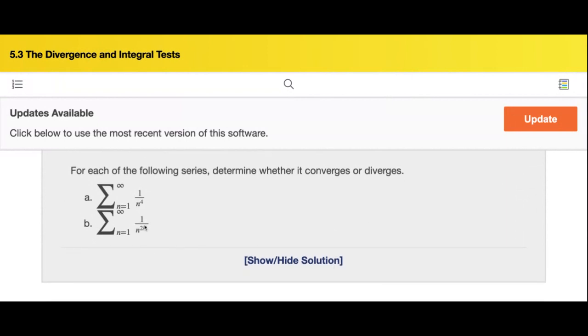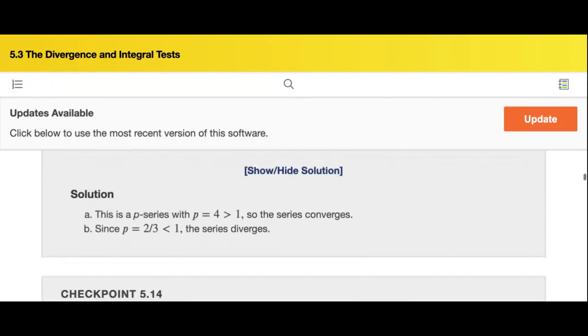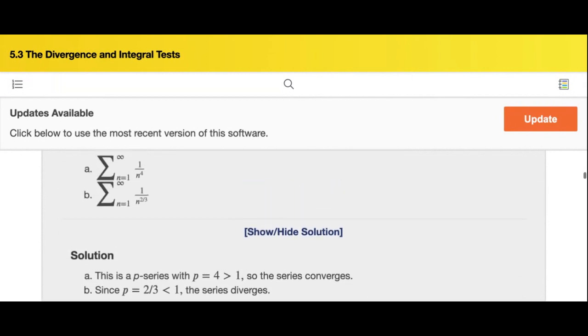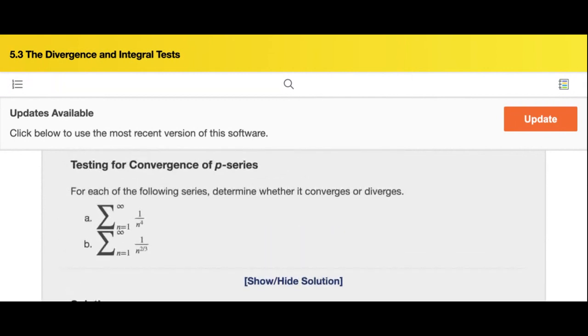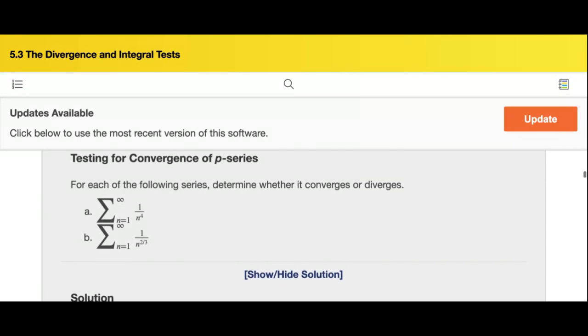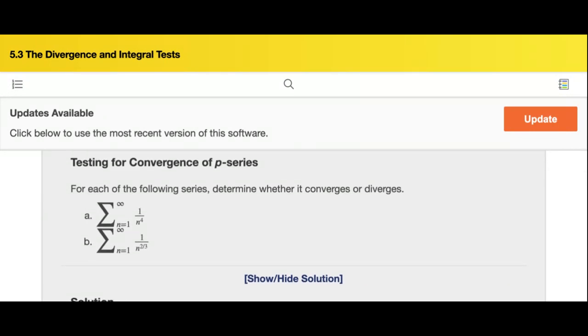But for the other, p is 2/3, which is less than 1, so it diverges. So that's the p series. Geometric series and p series are very famous series. The harmonic series is a p series, but the harmonic series diverges. Does anyone have any questions?